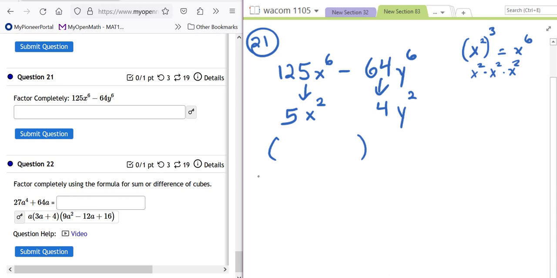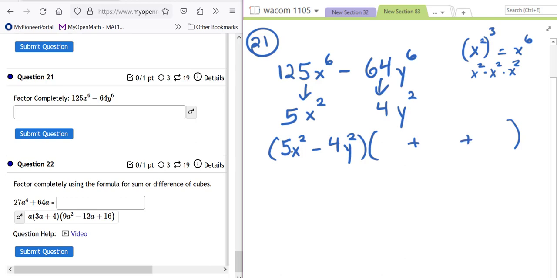So first set of parentheses, we'll use these pieces with the sign of the problem. Second set is a trinomial. For your signs, the first sign is the opposite, so that's minus, this will be plus. Last one's always plus.